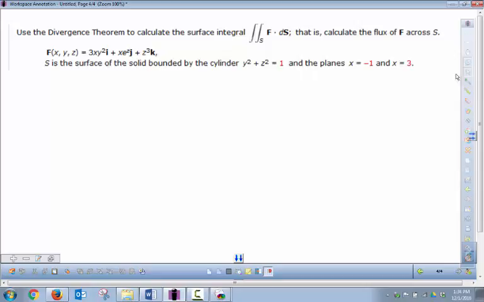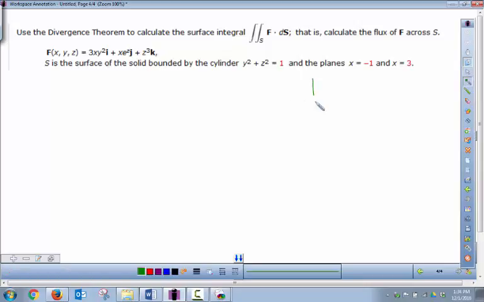y squared plus z squared equals 1, and the planes x is equal to 1, x is equal to 3. So I think I'll have a plane here where it intersects a cylinder in a circle. And then I have another plane back here behind the axis.